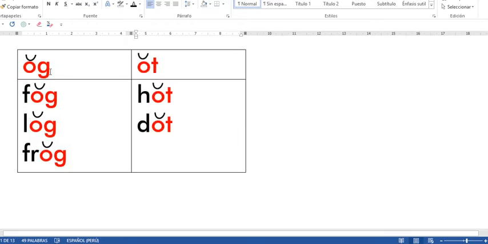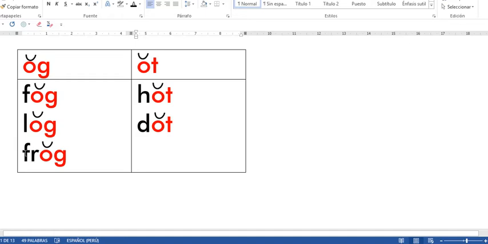The next one is O. For example, we have O and G. Og, og. With F and og, we have got fog, fog, fog. With L, log, log.